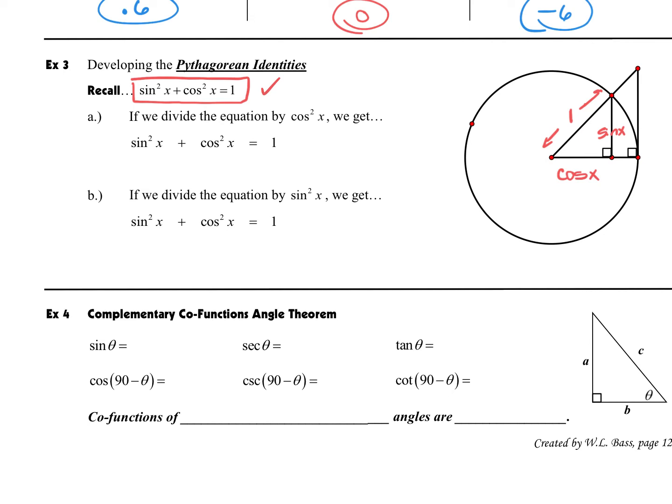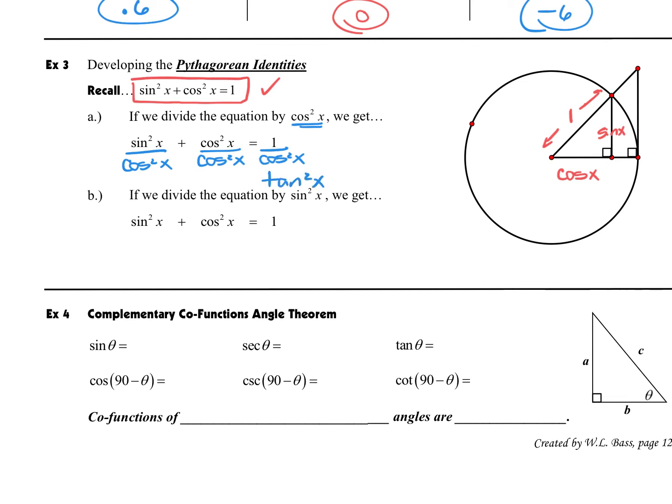Now, if we take this entire original first Pythagorean identity and we divide everything by cosine squared x, and then clean this up, I know that sine over cosine is going to give me my tangent, so this is going to give me tangent squared.